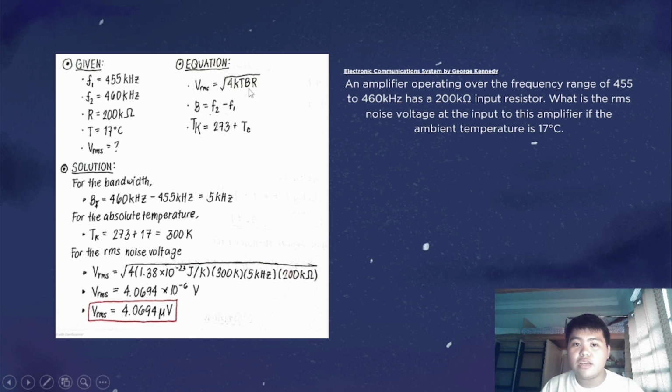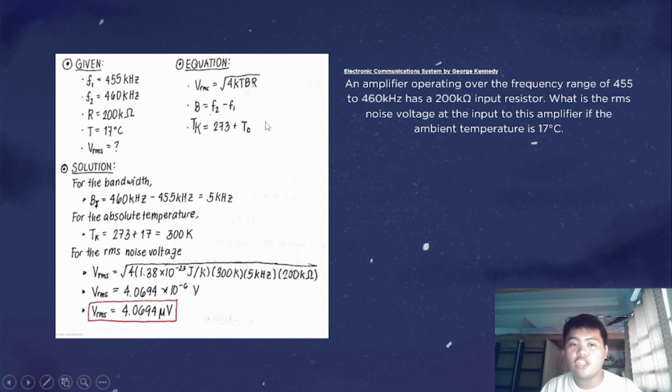Hence, we can also find the bandwidth by getting the difference of f sub 2 and f sub 1, so that we can get B is equal to f sub 2 minus f sub 1. And also, we can convert the Celsius to Kelvin.